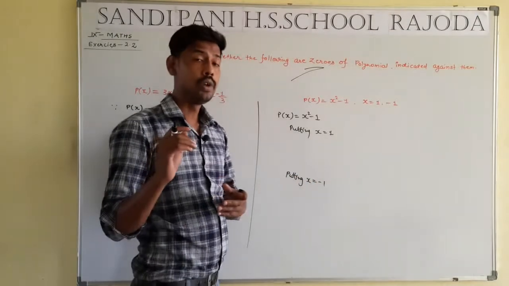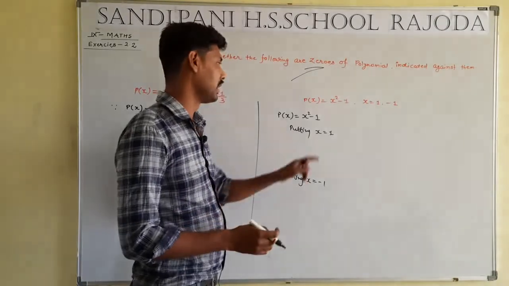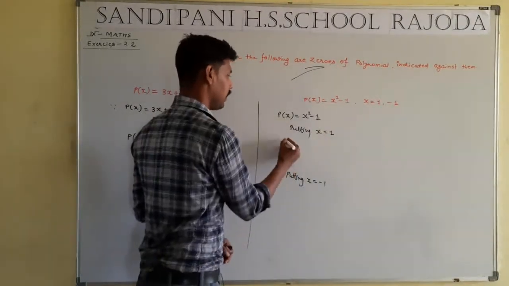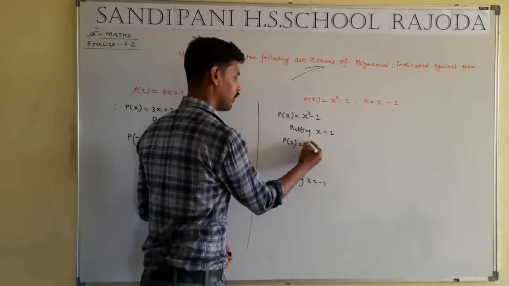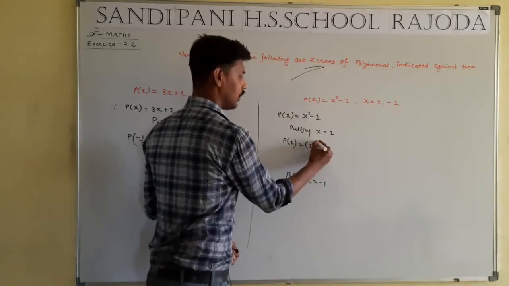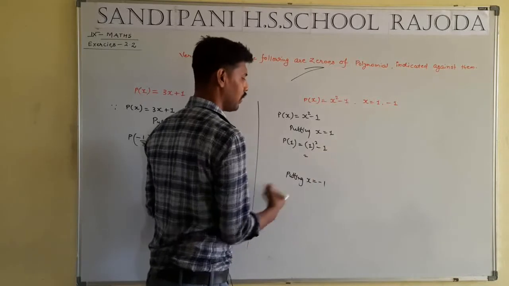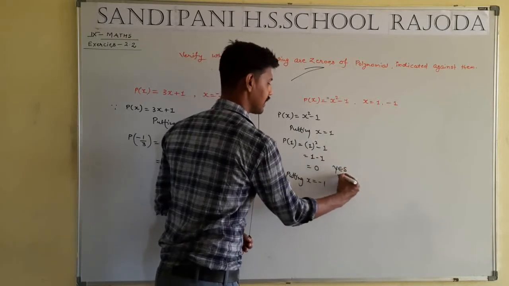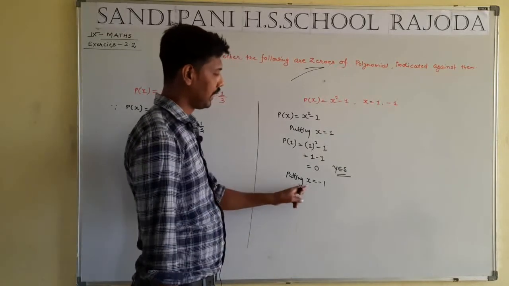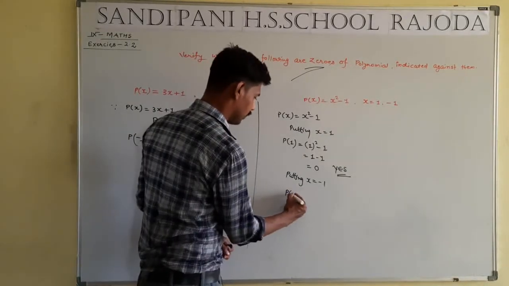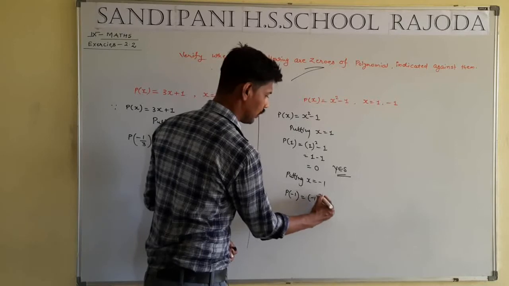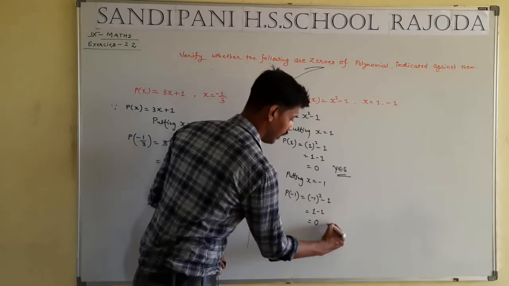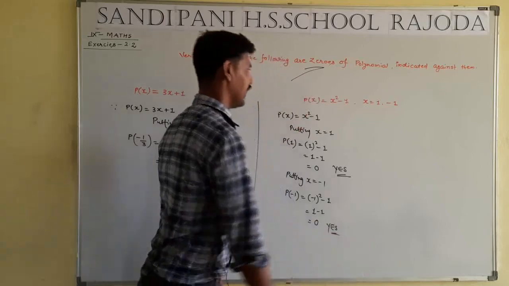That means we have to check two times, at x equal to 1 and at x equal to minus 1. x equal to 1, that means P1 equal to 1 square minus 1. 1 square is 1, minus 1 equal to 0. That means the answer will be yes. Now we take x equal to minus 1. That means minus 1 whole square minus 1. That means 1 minus 1 will be equal to 0. Again the answer will be yes.